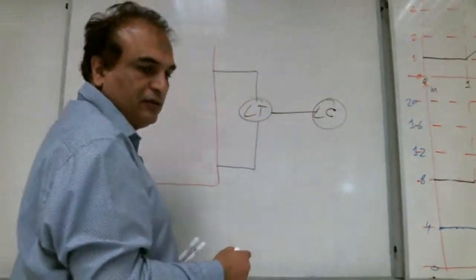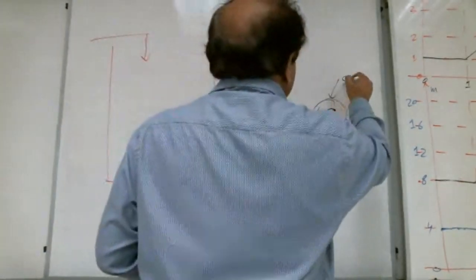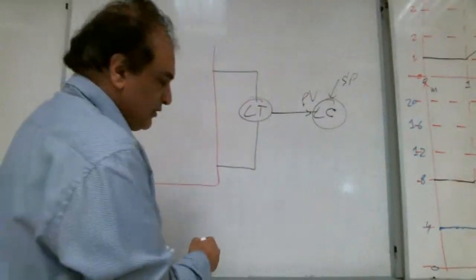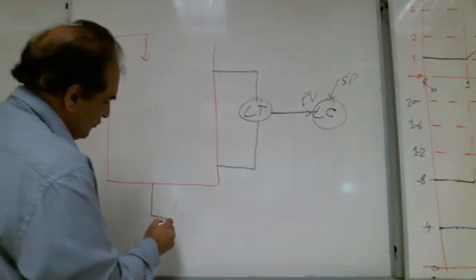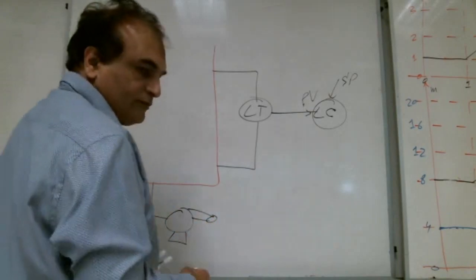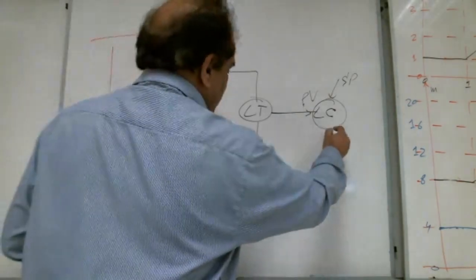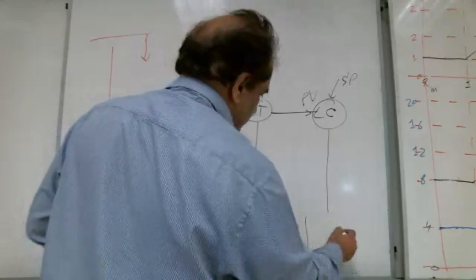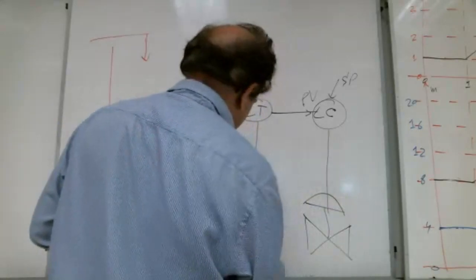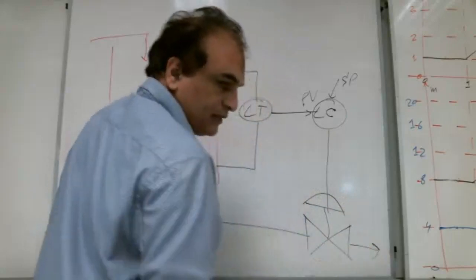The set point is there. This is PV, right, Shabab? Here we put a pump, and then here we have a control valve, like this.